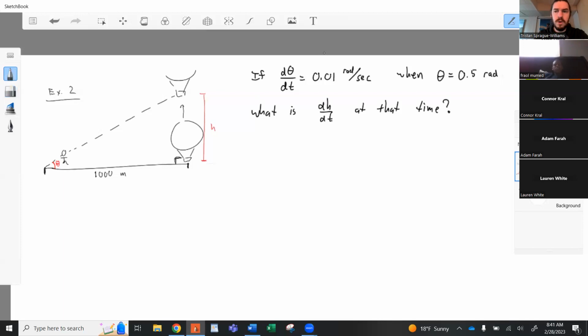Let's look at the question again. If we measure the rate of change in the angle of elevation, that theta angle, at a particular moment in time when that angle has a specific value, then that's a snapshot of the angle and how fast it's changing. This is kind of hard to do, but you can at least estimate it, because it's hard to measure exactly the speed of something and also its position at the same time.